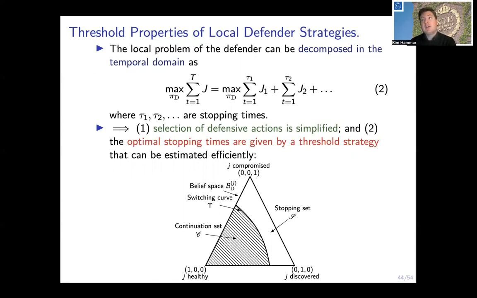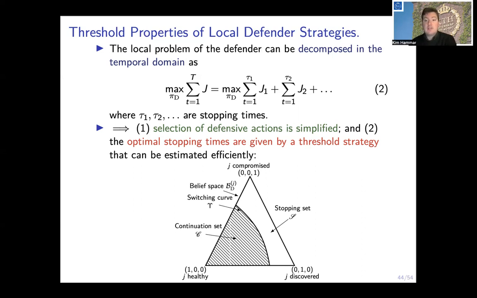And the idea is that we can utilize some intuition about what is the problem for the defender and what actually are the main tasks. And when you define a local node for the defender, it essentially involves two main decisions. The first thing is that you have to decide when to take a defensive action. And the second one is to decide which defensive action to take.